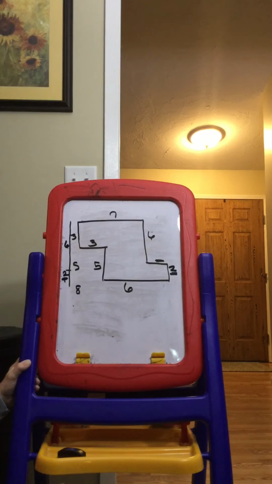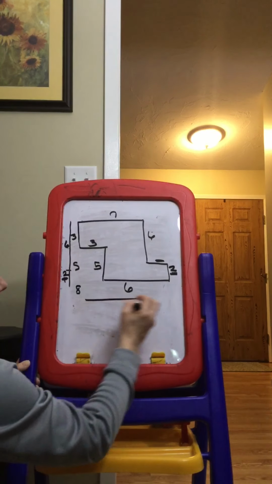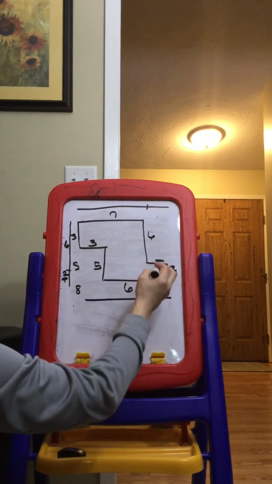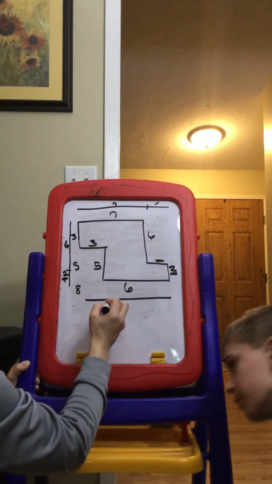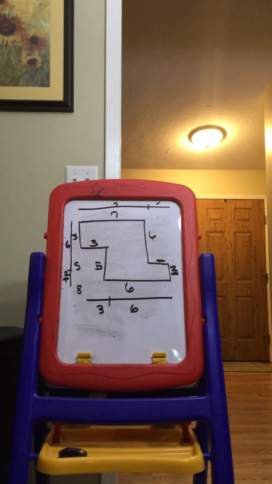So now we need to find out what this is. We don't know what goes right there. We know a 7 goes right here, and down here we have a 3 and a 6. What can I do to find out what we have, Wesley?